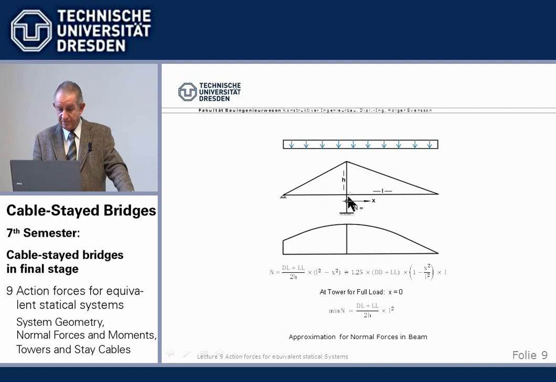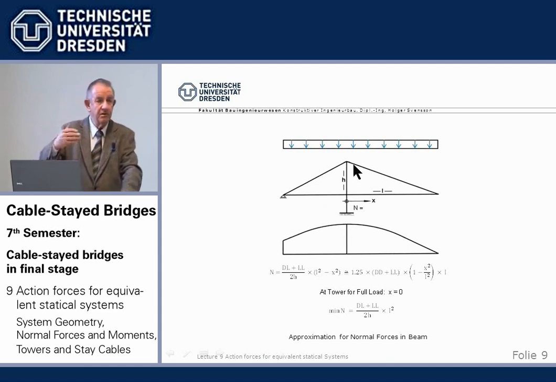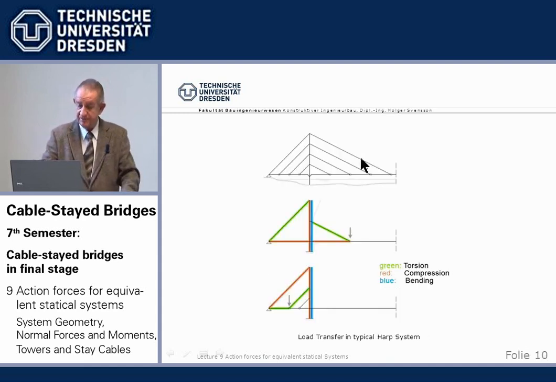The biggest normal force, max N in compression, is dead load plus live load divided by twice the tower height above beam times L square. So with this simple formula, we can calculate the biggest normal force in the beam from full load, which is one force we need for sizing.